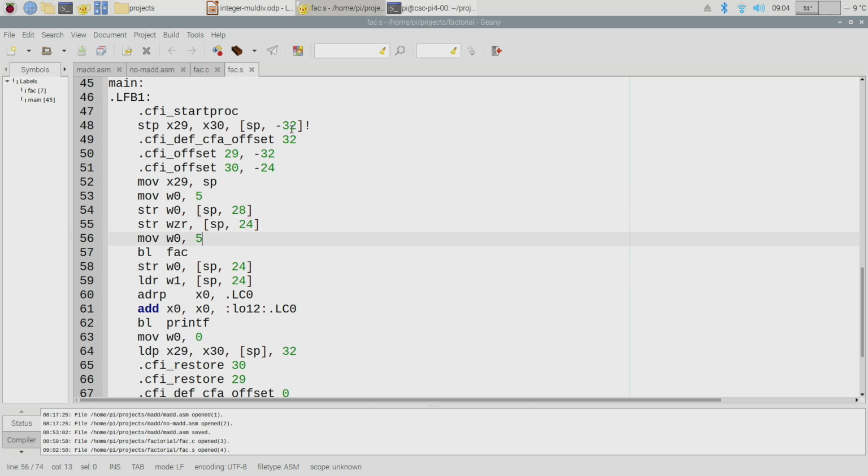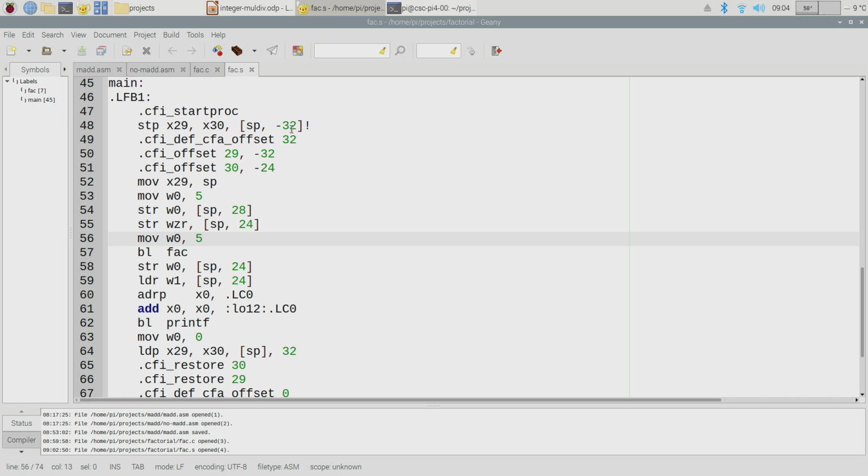Okay. It does this twice. I don't know why. Whatever. And then it's branching and linking to factorial. Okay. And 5 is where register 0 is where the factorial function is expecting that input to be, right?